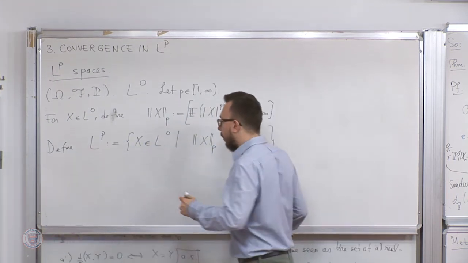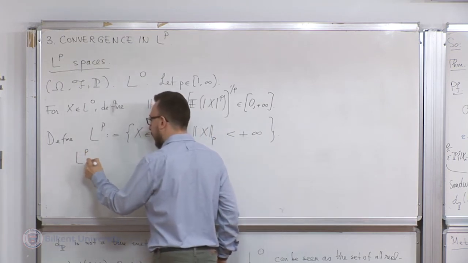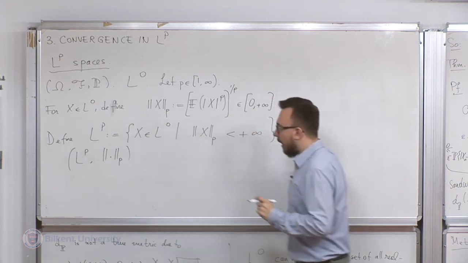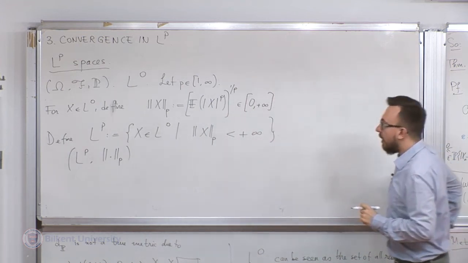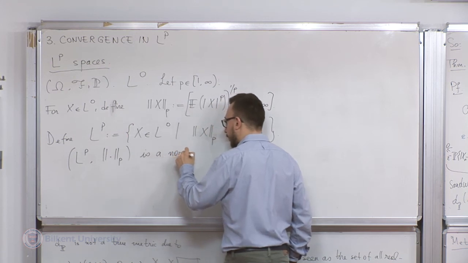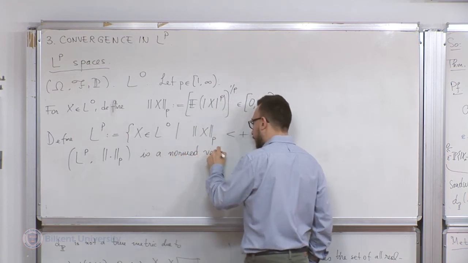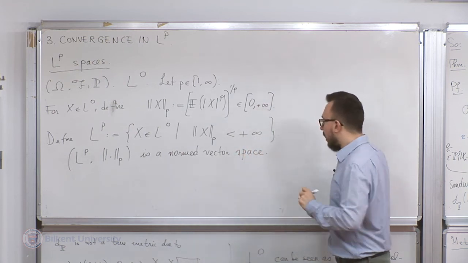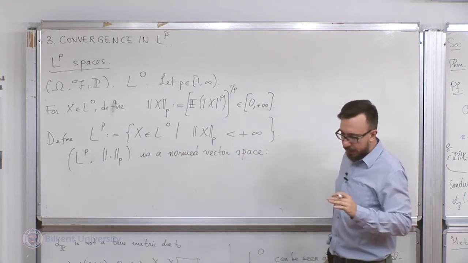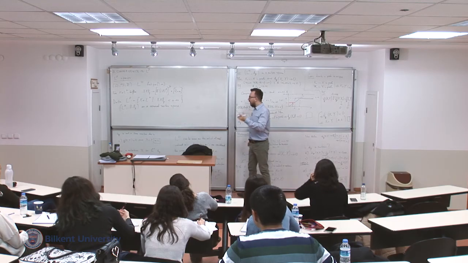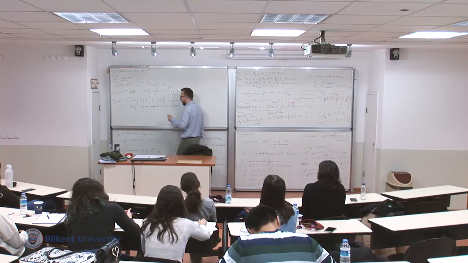So LP with the LP norm is a normed vector space, in the following sense. It's a vector space on which you have the norm with the following properties.